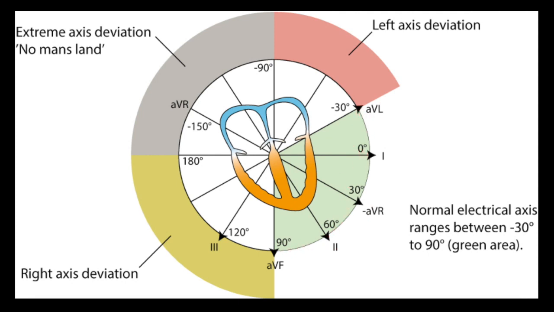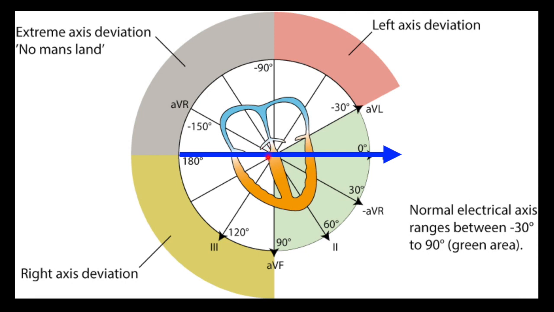Now we can use the leads on the EKG to figure out what direction most of the energy is going. So again, if something is positive in a lead, that means the direction is flowing in that current. The ones that we usually use to determine this green area are lead 1, which is this guy right here, which goes essentially side to side, horizontally. So if the QRS complex in lead 1 is above the baseline, it will be over on this side.